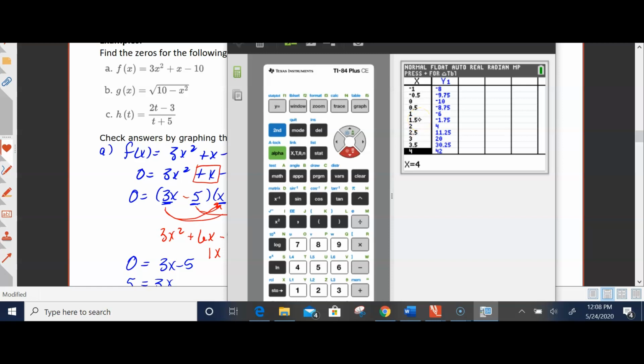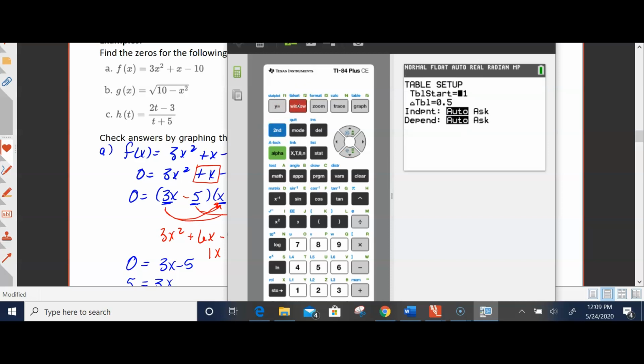I'd like you to do your table setup. Let me find my table set. Where the heck is it? Here it is, right on top of window. Second window and go to table set. You can have it start wherever, but I would like you to have this delta table set up at 0.5.